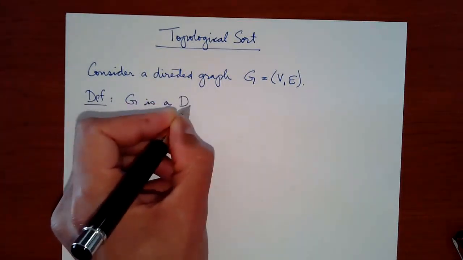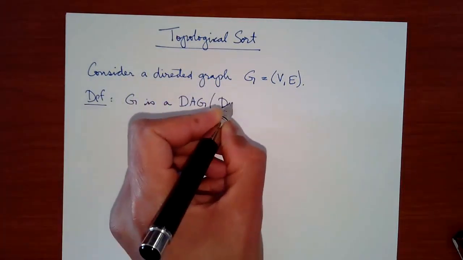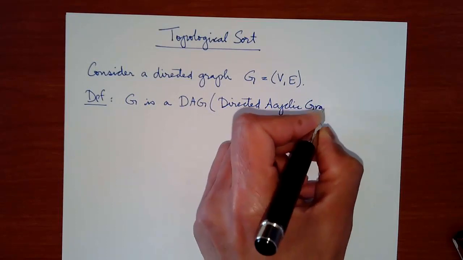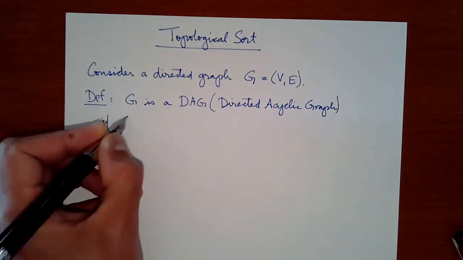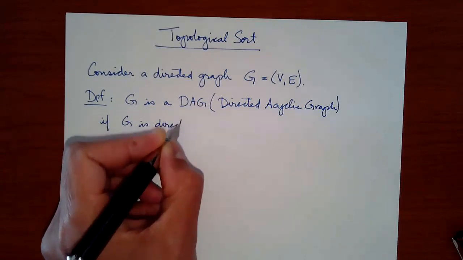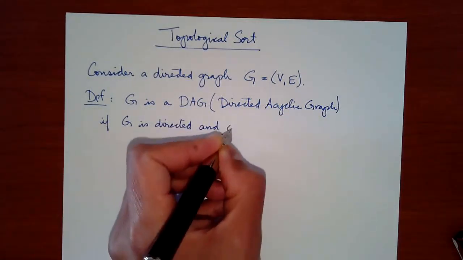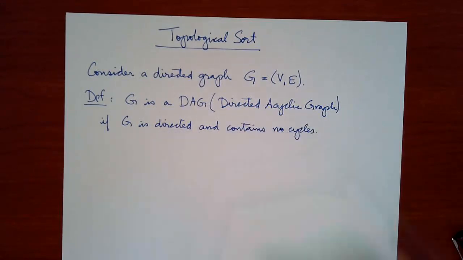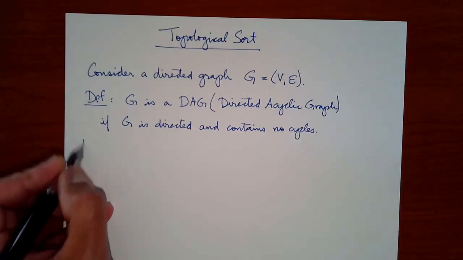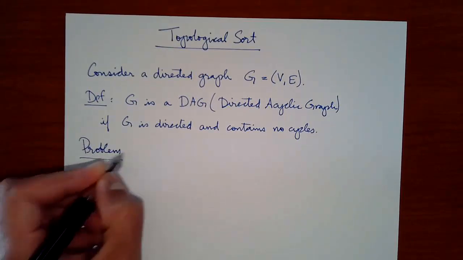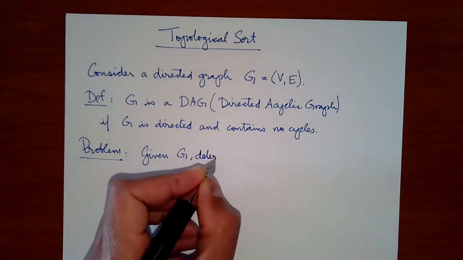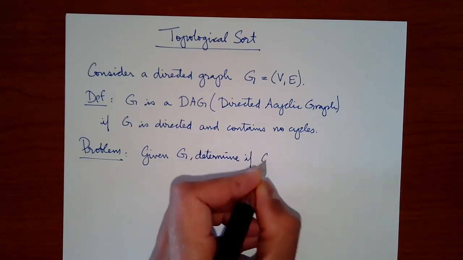G is a DAG, which is a directed acyclic graph, if G is directed and contains no cycles. That's what it means for G to be a DAG. So here's our problem. The simplest, basic problem is: given G, determine if G is a DAG.